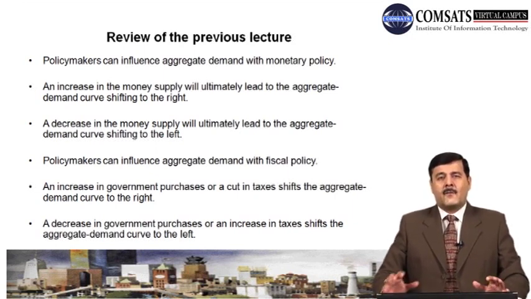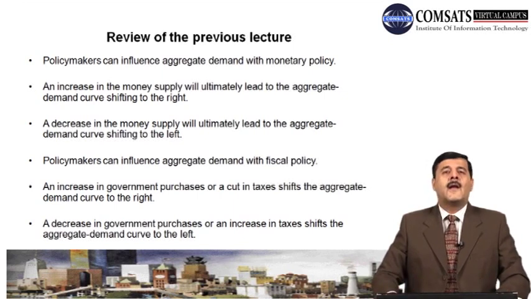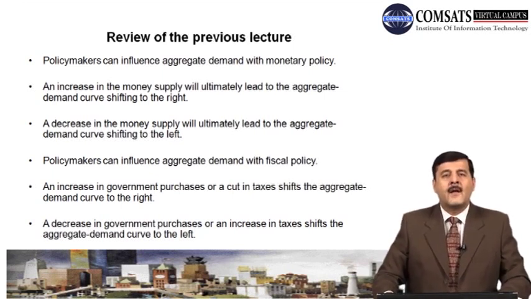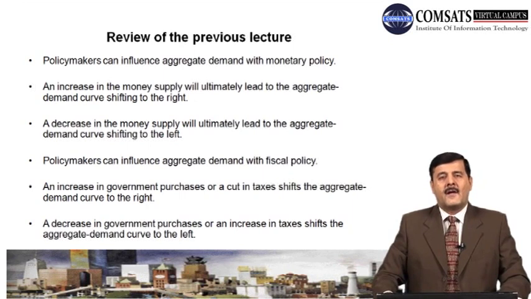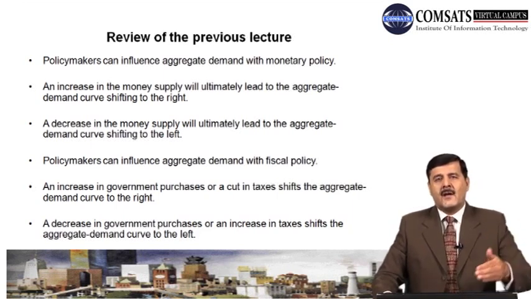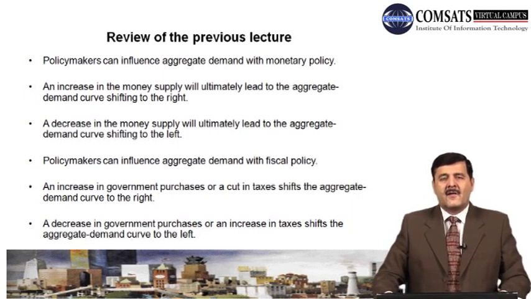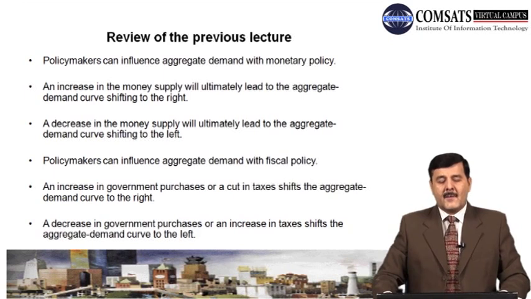We saw that the policymakers, the government, can change or shift or influence the aggregate demand with the help of monetary and fiscal policy. By adopting monetary policy, the government can change the money supply and can bring a change in the aggregate demand in the economy. So by increasing or decreasing the money supply, the government can change the aggregate demand.